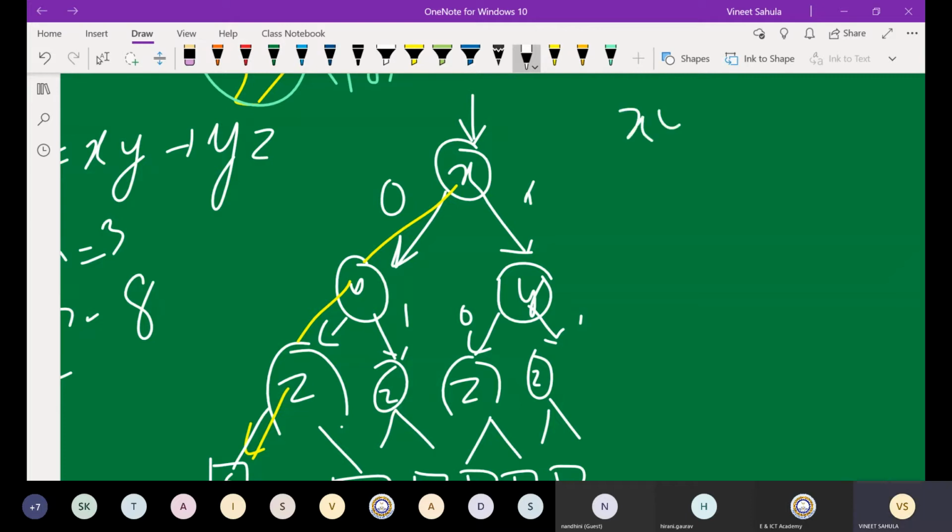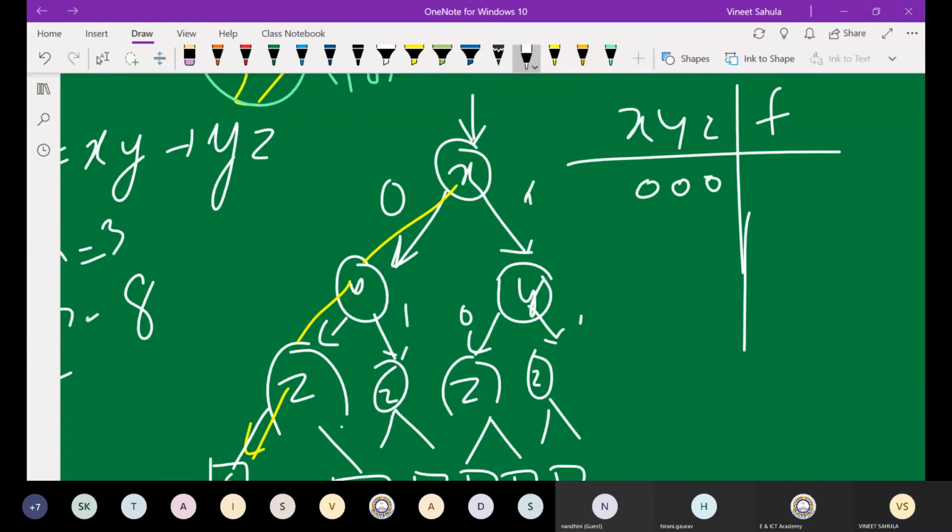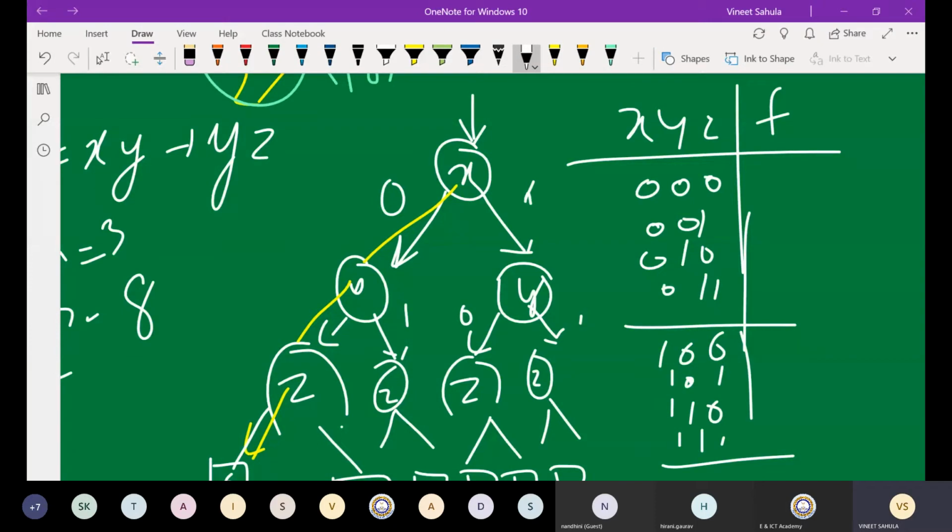So for that function, if you make up a truth table, I will say xy. What is xy? So xy is 2 terms, xyz bar and xyz. Xyz bar is this, xyz is this. What is yz?